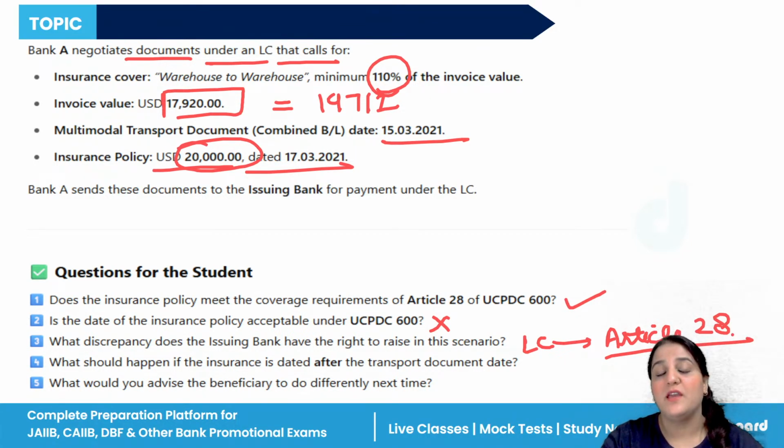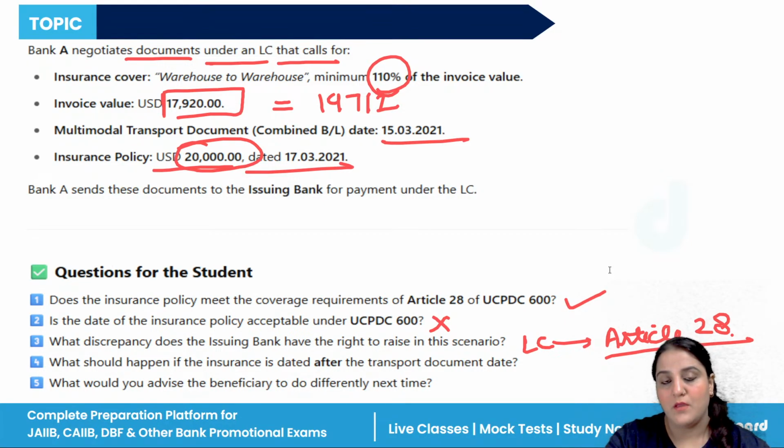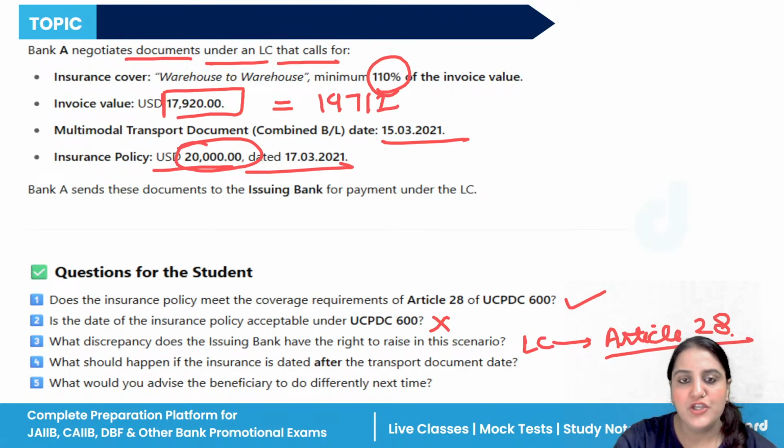What should happen if the insurance is dated after the transport document date? I think if the insurance is dated after the shipment date and does not show the coverage, the issuing bank is entitled to refuse the payment under the LC. So here the issuing bank is responsible for this.